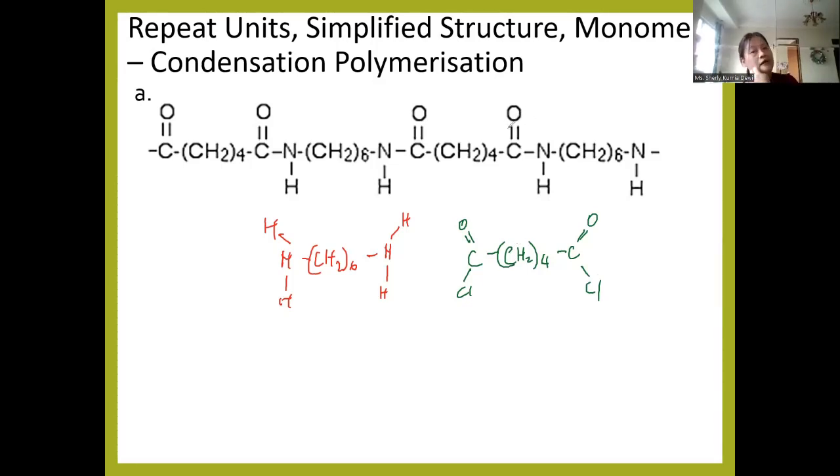So when condensation happens, this H and this Cl will be removed and create new bonds. So therefore, this one, sorry, my drawing is messy. This is N, CH2, 6, and there is now new bonding here.